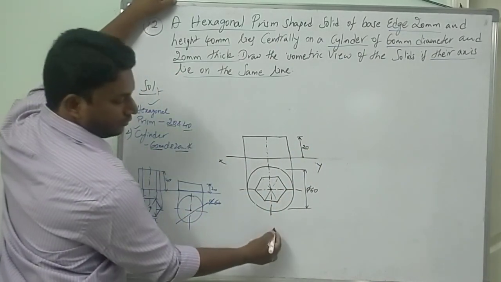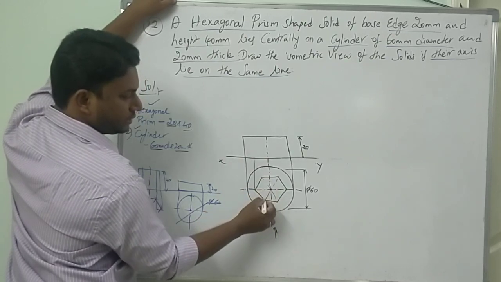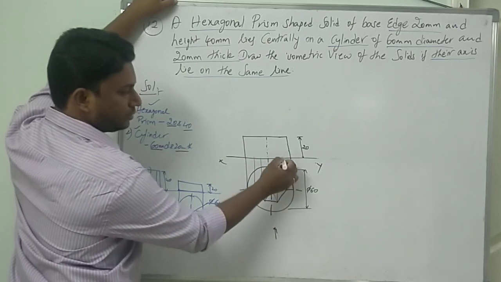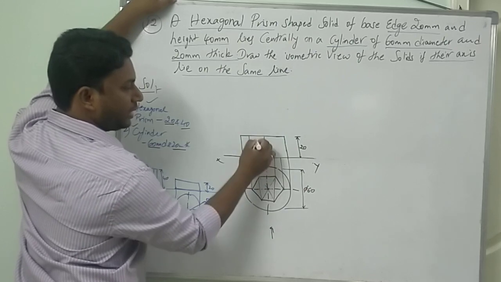How about the prism? When you are looking from here for the prism, try to draw construction lines. With respect to the axis, from here, extend them again into this.